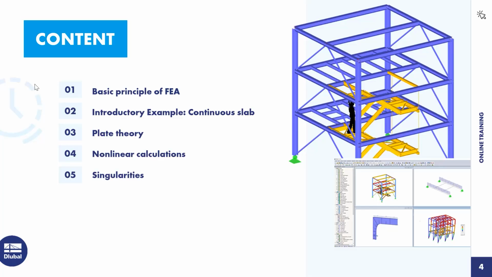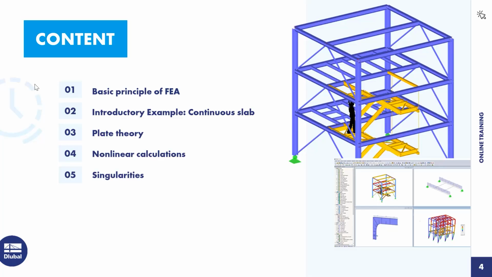Within this finite element analysis, we will go through the basic principles and also explain them with an introductory example, just a continuous slab, which we will model within Rfem 6. In the next step, we will go over the plate theory. In general, all the theory parts within this session won't be too detailed, and it's just to keep you informed with the knowledge that helps for understanding the finite element analysis.